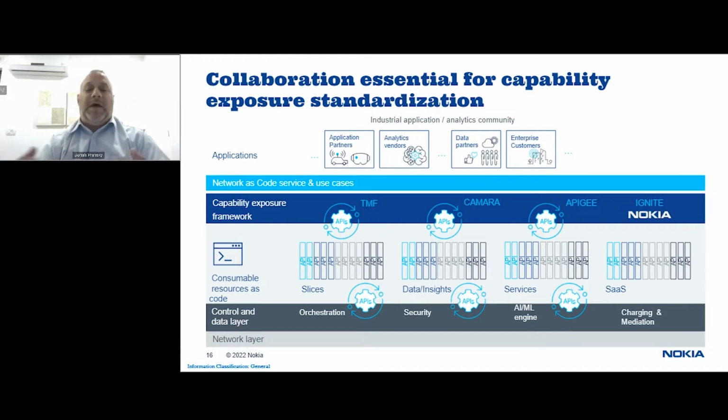So just to reiterate, you're going to be exposing the capabilities of your network, monetizing the exposure of those capabilities. And then again, as you see here, the charging and mediation are contributing factors to all of that network as code as well, so that we can also offer monetization services to the larger ecosystem.